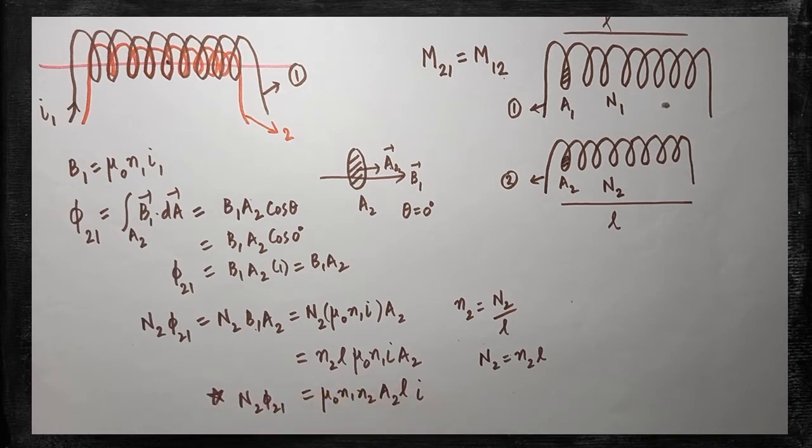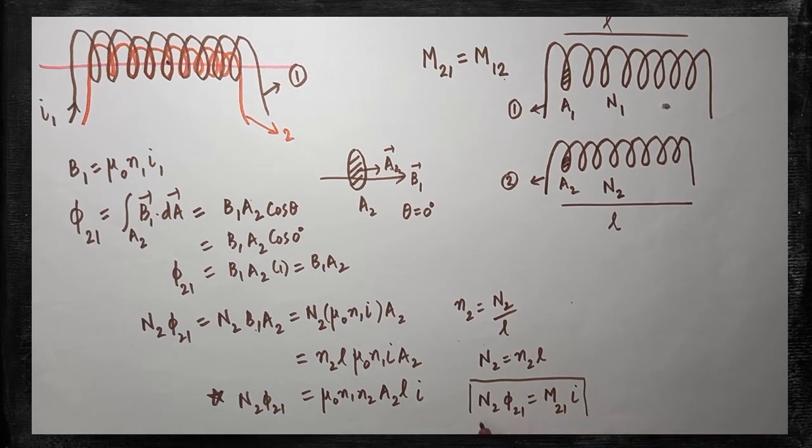Already from the mutual inductance concept, we have derived one important equation. What is this? N2 φ21, which is equal to M21 I. This expression was already derived. I will box these two expressions, very important.